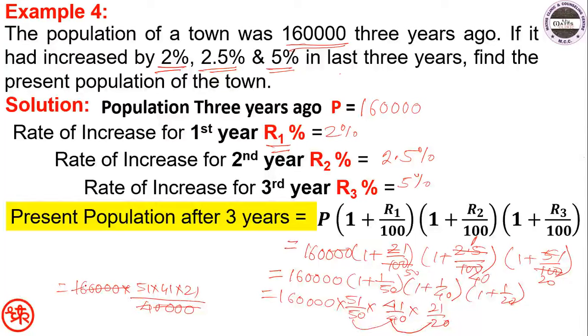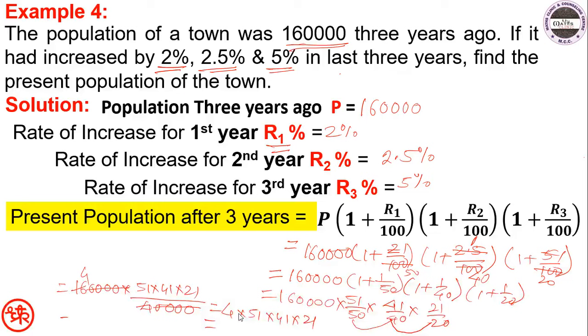And so it is equal to how much? It is equal to 4 into 51 into 41 into 21. Is that clear?